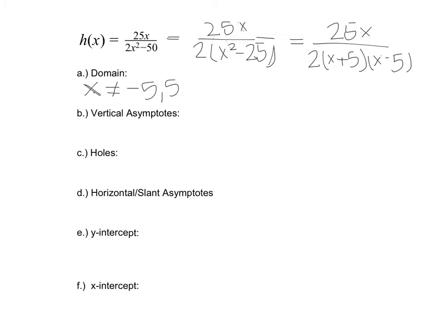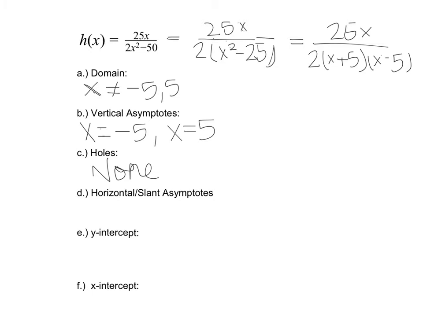So x equals -5 and x equals 5 are our vertical asymptotes. And similar to our first example, we can put none for the holes. So next we move on to horizontal or slant asymptotes.